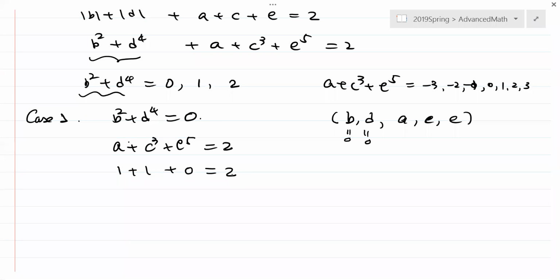I think this is the only possible way to do that, with the 3 numbers in different orders. This is the easy case to see. A could be 0, C could be 0, or E could be 0. So in total there are 3 possible ways: 0, 1, 1, or 1, 0, 1, and so on.